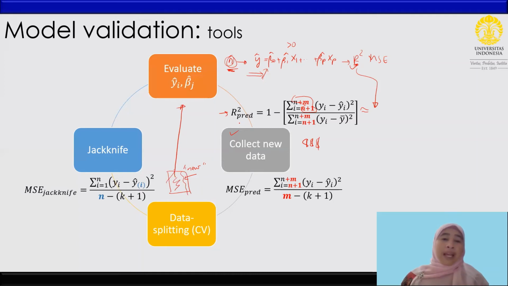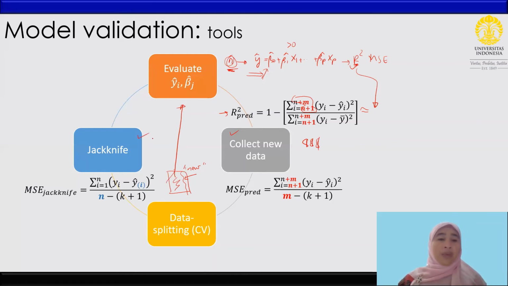But then again, we can do splitting only if our data is big enough. Sometimes we don't really have enough data. When the sample size is relatively small and even data splitting is not possible, but we still want to do model validation, then we can do the jackknife process.